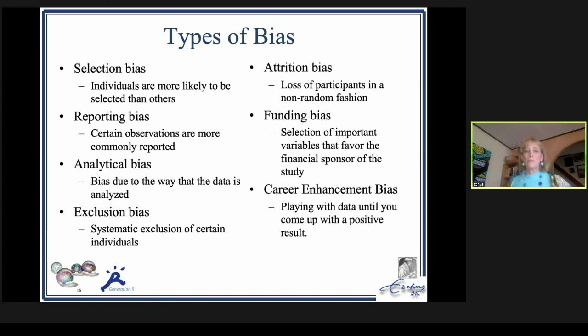There's analytical bias, which is bias in the way data is analyzed, and it's not necessarily covert. It can also be overt, or just differences in the way data is analyzed. I think of Mark Twain's quote, "Lies, damn lies, and statistics." But this bias does not need to be conscious, or it can be just differences in how the data is analyzed.